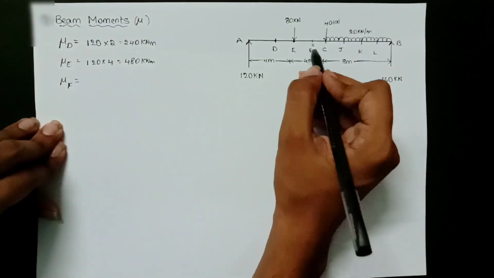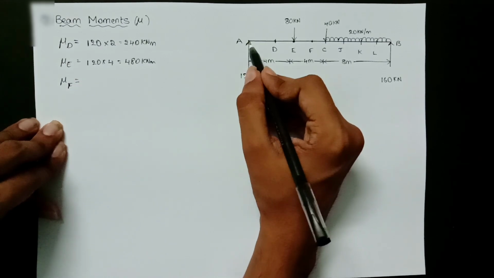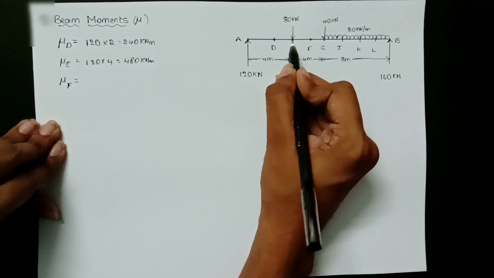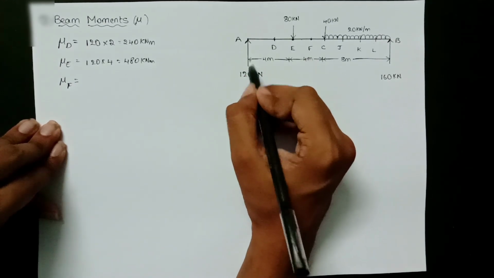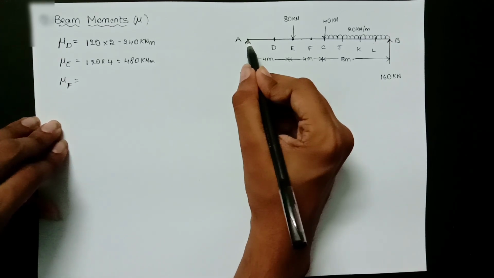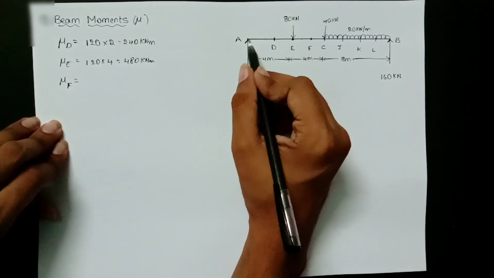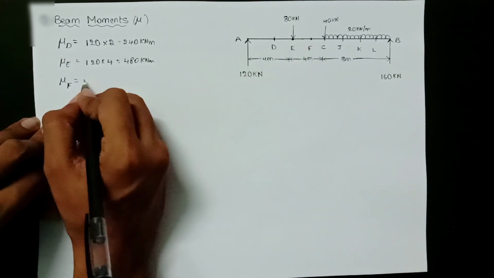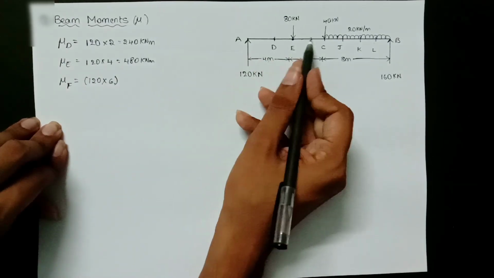Now mu F equal to, if I take the moment about F, then there is a reaction of 120 kilonewton, and the perpendicular distance up to E is 4 meters. This extra distance is 2 meters, so 4 plus 2. This reaction is moving the beam in upward direction, it is a sagging moment, so it will be positive. 120 into 6 is the moment for the reaction.